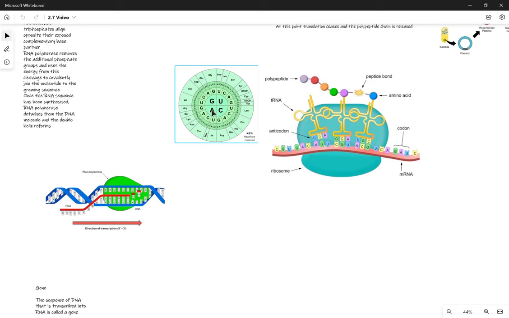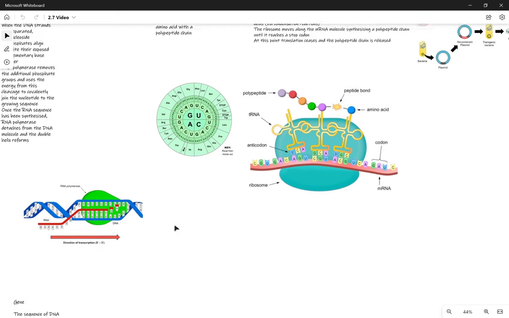Here the first letter is the first letter of the codon, so GAC, for example, would give you aspartic acid, or UCA would give you serine, and then there are also stop codons like UGA, which would give you a stop codon.